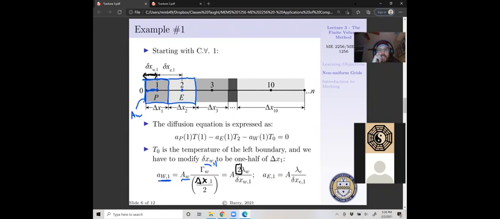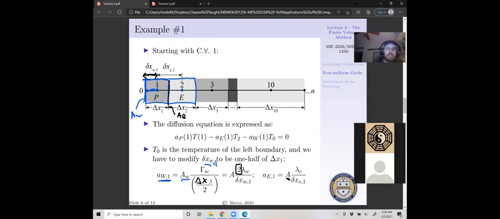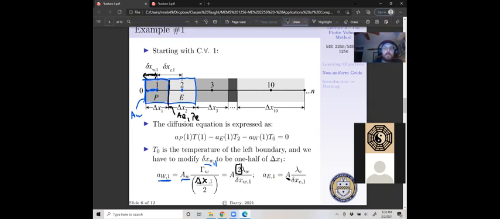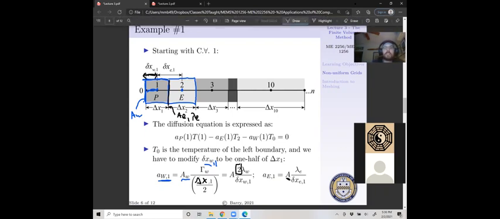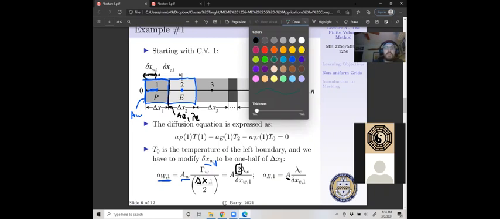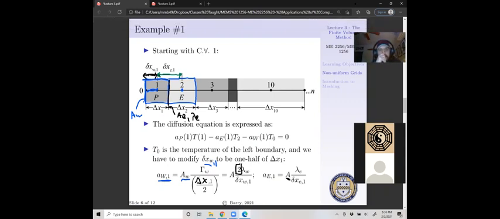Now our coefficient A east is simply our area A, and we're going to assume our areas are constant, times our diffusivity at this eastern interface, lambda east, which we are treating as constant, per delta x east 1, where delta x east 1 is now the distance from our cell center, P to E. And we see delta x east 1 is obviously greater than delta x west 1, and they are not equal or differ by a factor of 2.